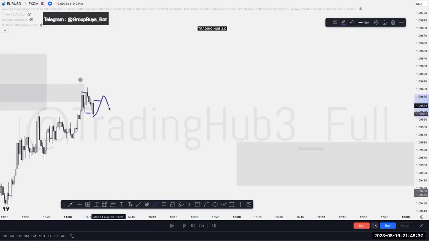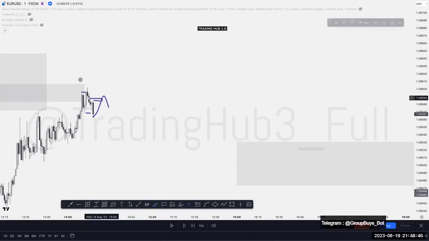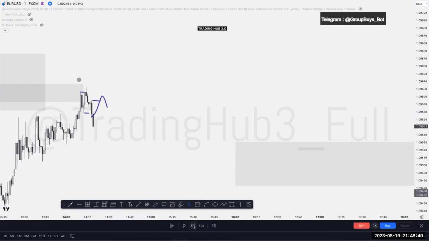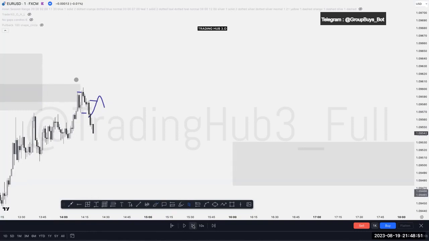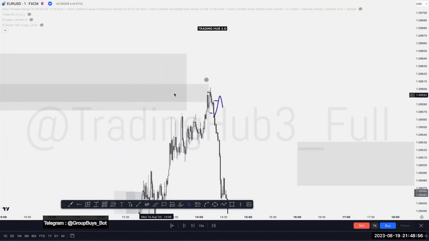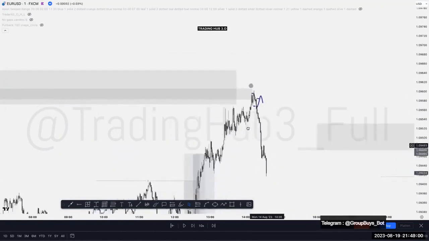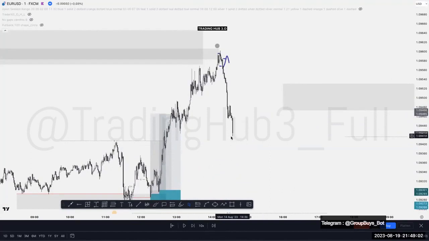If the market came back upside and we are willing to sell here, this is a valid setup for the sell. Let's see what happened next. The market went down, there is no CHoCH or anything, but this was a valid setup for the sell if everything fit our criteria.